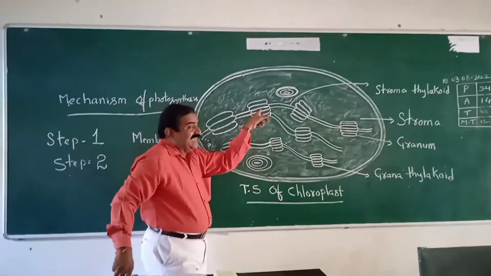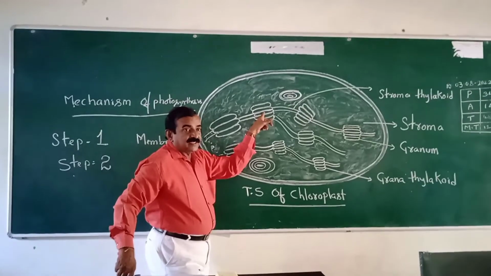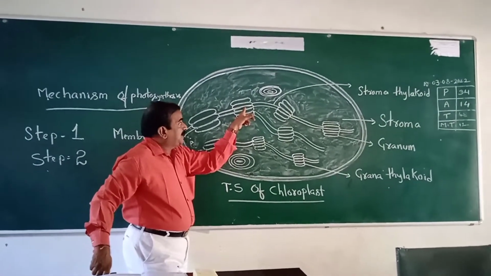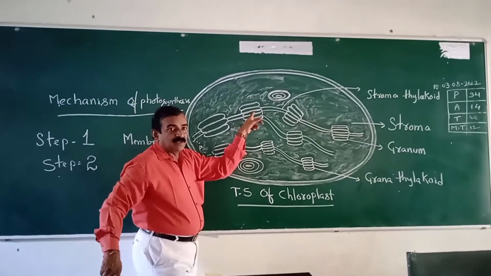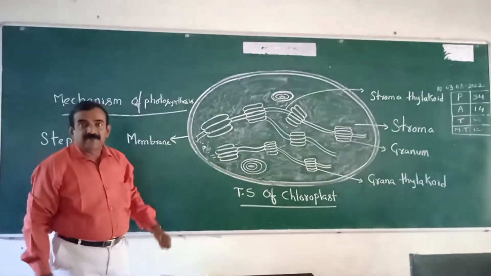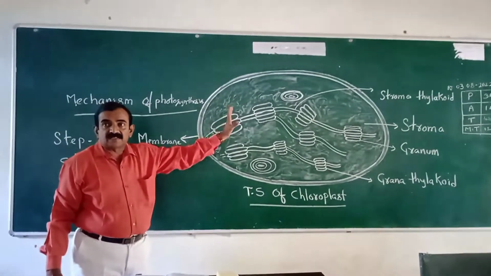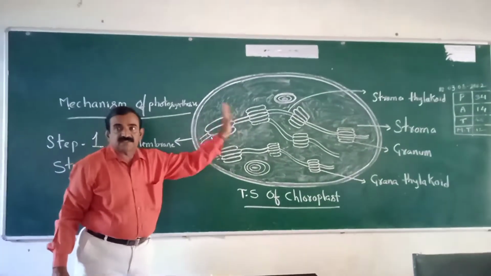Chlorophylls are present in the lumen of thylakoid. Listen carefully. Lumen is this space, and in the space you see the presence of pigmented molecules. That is a brief description of chloroplast.